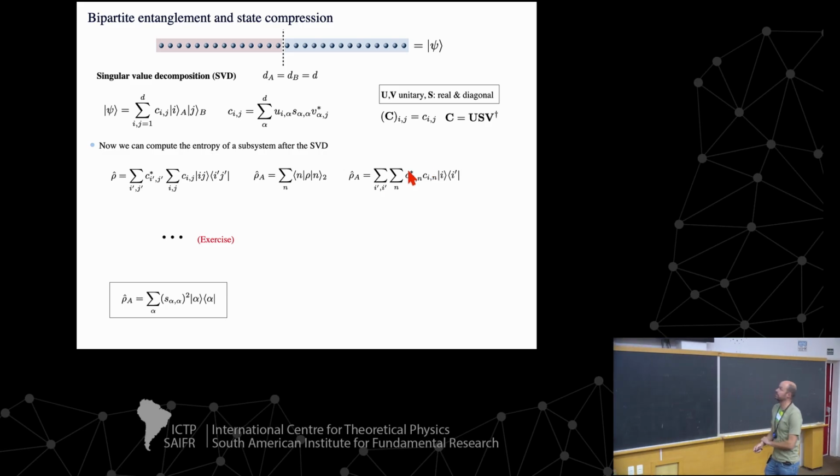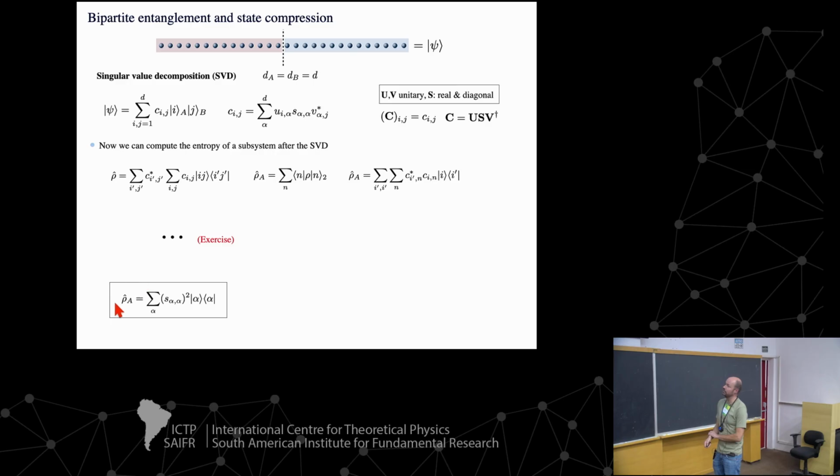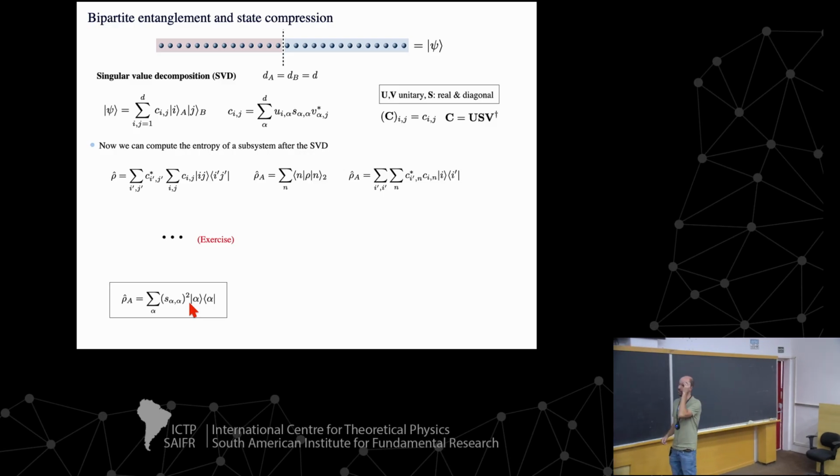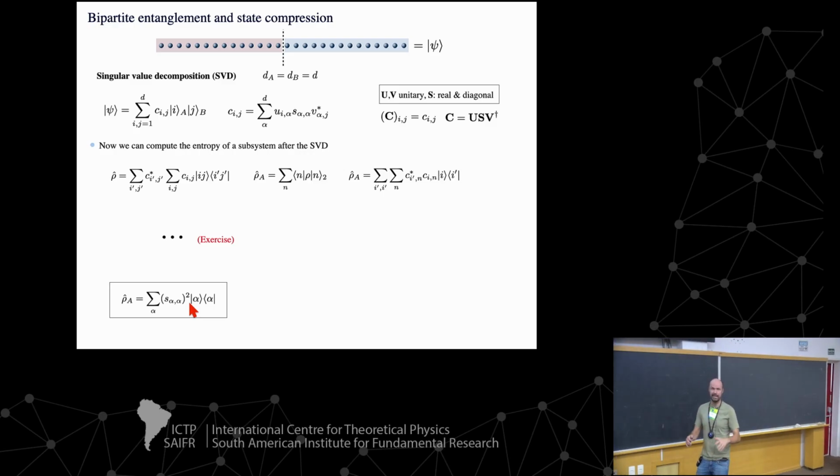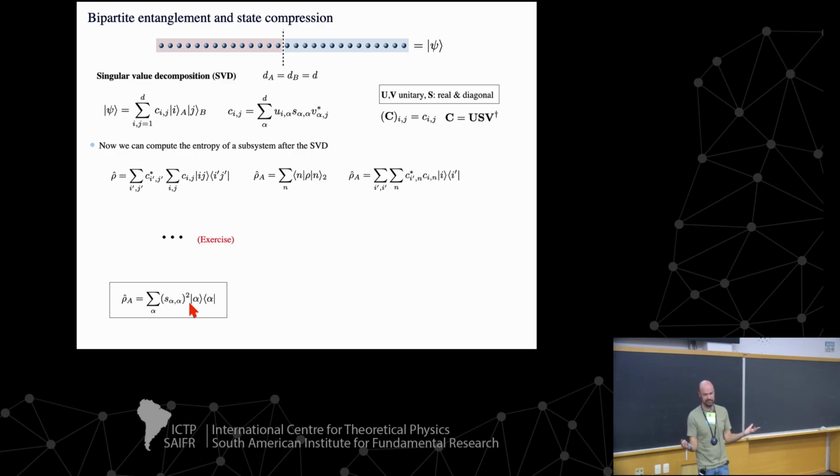Then you will find that you can write the reduced density matrix of the system as a sum over the singular values squared times some new basis states. You can think about this as a general diagonalization of the reduced density matrix.